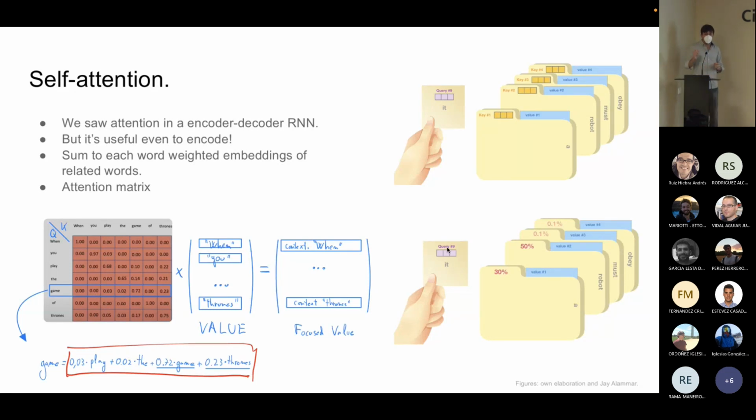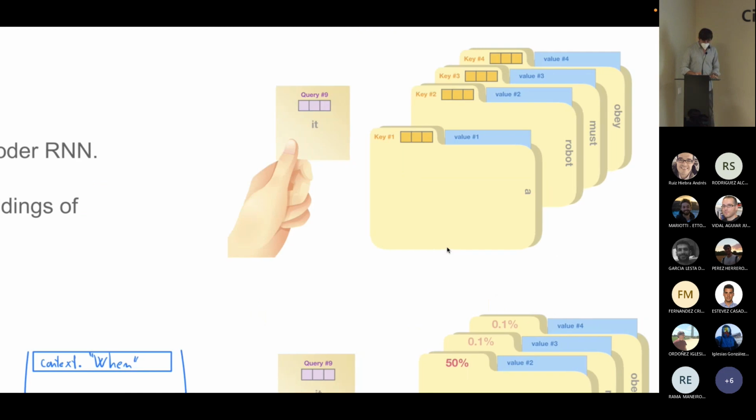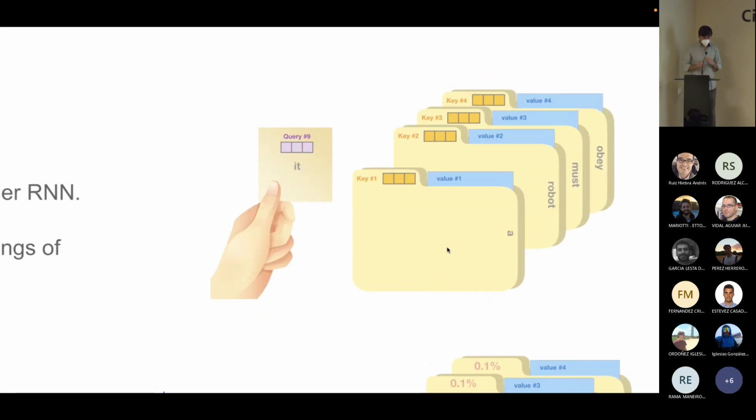Well, we can take inspiration from a mechanism from information retrieval that we know as query key value. We have the word "it", for example, and we don't know what it is referring to in the sentence.